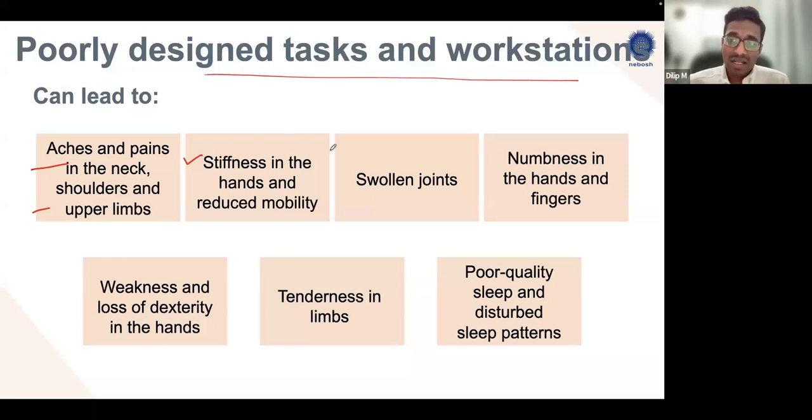Swollen joints, and numbness in the hands and fingers because of disruption of the blood flow, weakness and loss of dexterity in the hands, tenderness in the limbs, so your tissues get weakened, especially at the joints, and then poor quality sleep and disturbed sleep patterns. So these are all the effects of poorly designed workstations.